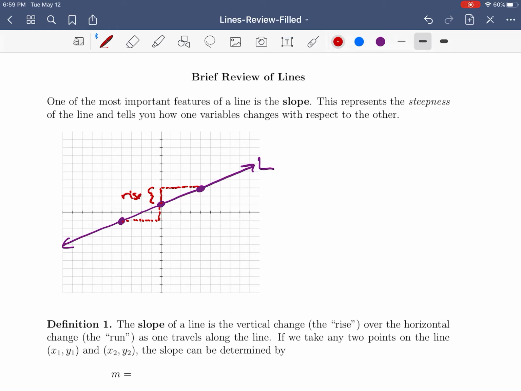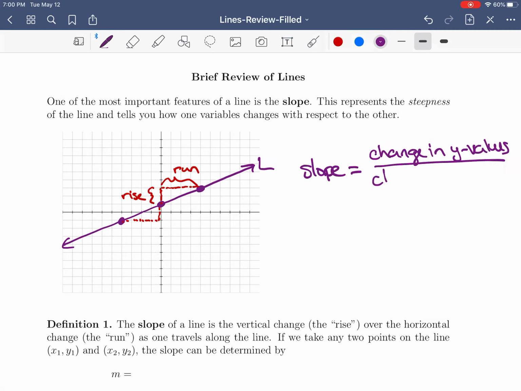Okay, so the amount that we increase or decrease is called the rise, and the amount that we move over is called the run. So for our slope, we often say it's the change in the y values divided by the change in the x values.